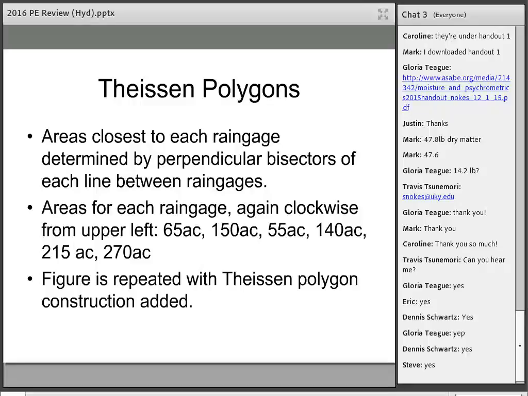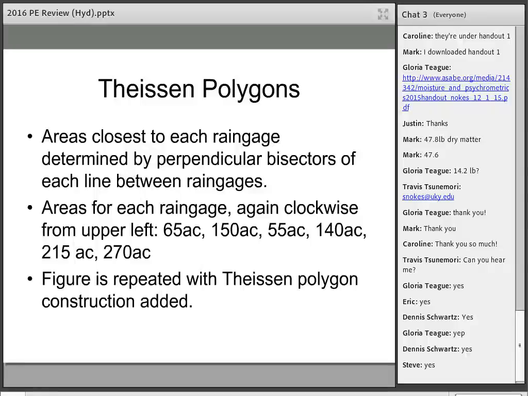If you're trying to determine an area or average rainfall for a watershed, you weight the influence of each of the rain gauges depending upon its portion of the watershed that it's closest to. That's the concept.